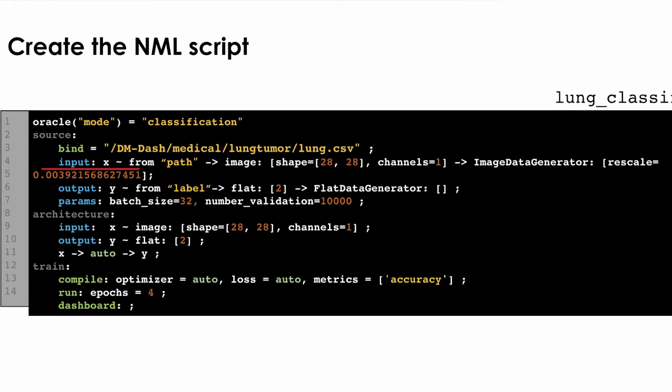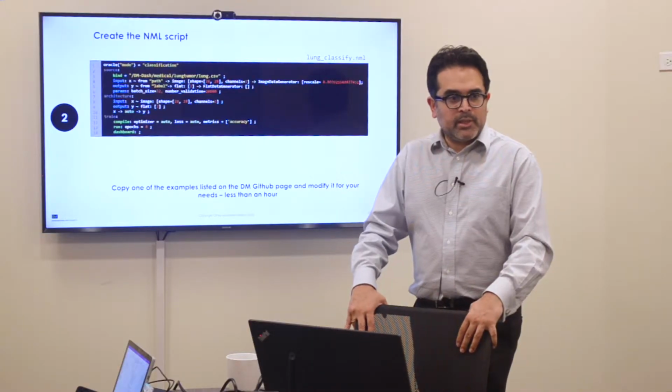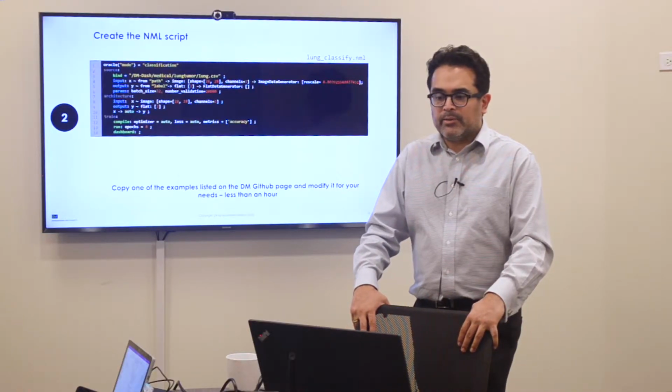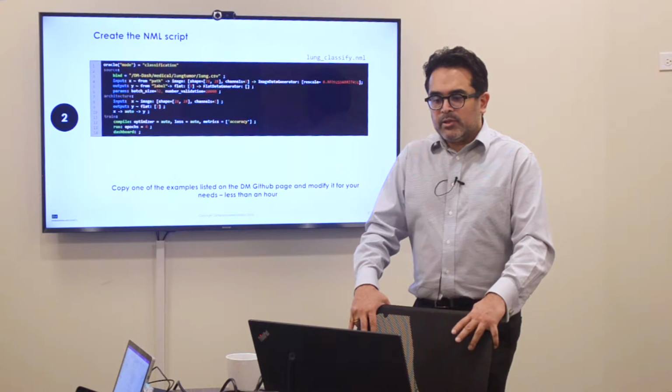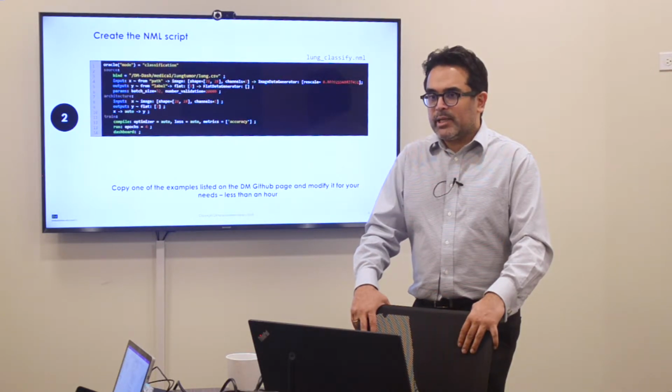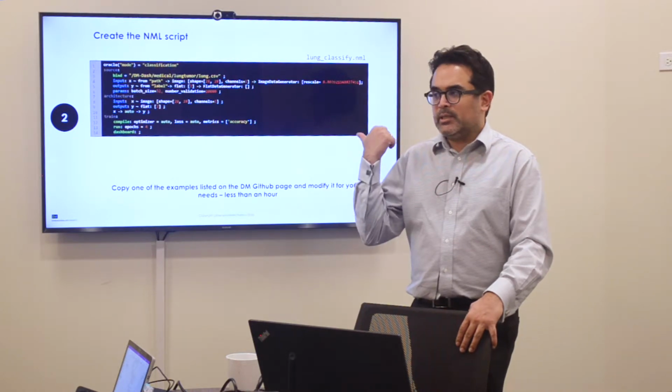The input is from path, and so it's an image. So this is why we have an image data generator. We have this idea of data generators inside NML. So data generators are things which completely structure the ingestion of data. So when you think about it, just think about what that one line does.